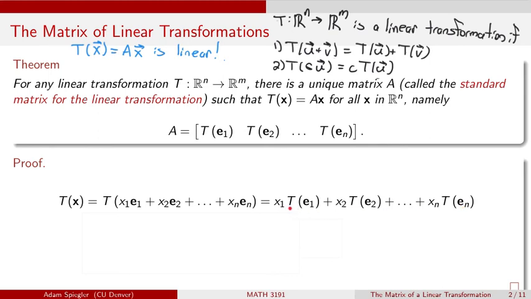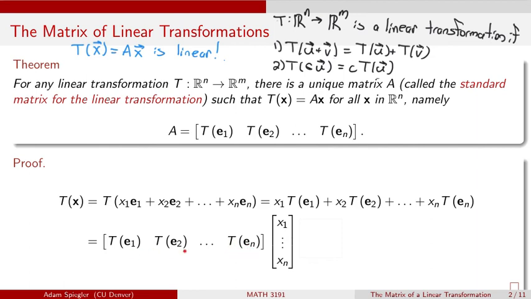And now we can use the fact that this is a vector equation that we can express as a matrix equation as follows. So now we can write this with the first column in our matrix being T of E1. The second column in our matrix is going to be T of E2, and all the way up to the nth column in our matrix is going to be the image of the nth standard column vector.